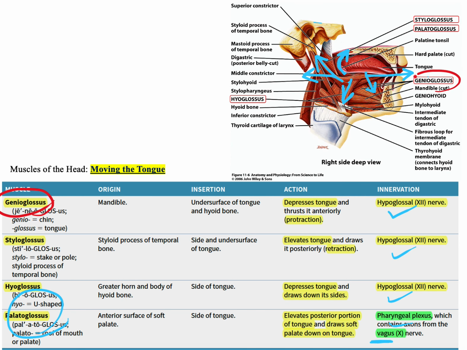This is the genioglossus muscle, which is a fan-shaped muscle that depresses the mid of the tongue and, most importantly, protrudes it outside. So you ask the patient to protrude his tongue because you ask him to use the genioglossus muscle, which is innervated by cranial nerve number 12, as you see.